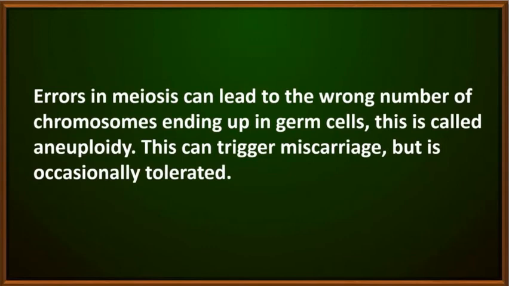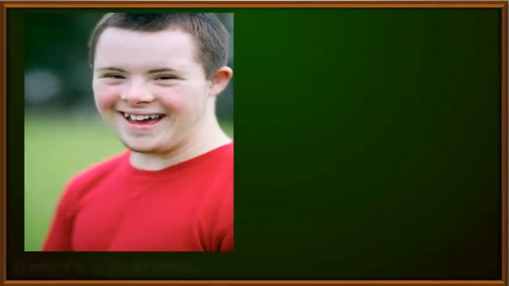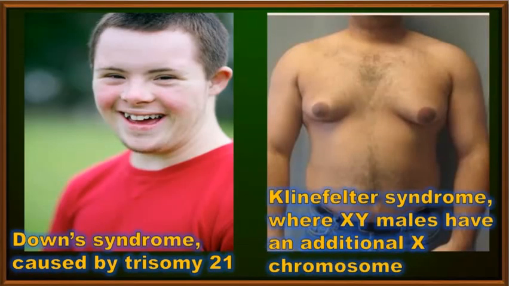This can trigger miscarriage, but is occasionally tolerated. One example is Down syndrome, caused by trisomy 21. Another example is Klinefelter syndrome, where XY males have an additional X chromosome.